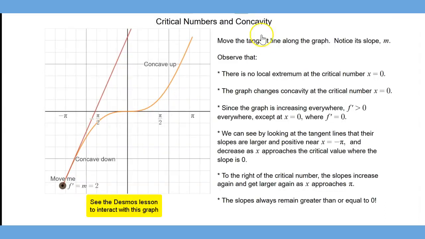Instead of drawing bowls, you look at the tangent line relative to the graph. So this just reiterates what was said before: the function is increasing everywhere, and that critical number is showing us where it's changing concavity.